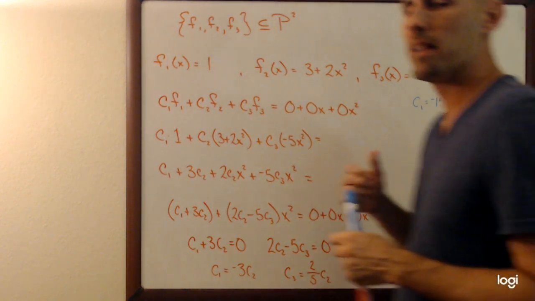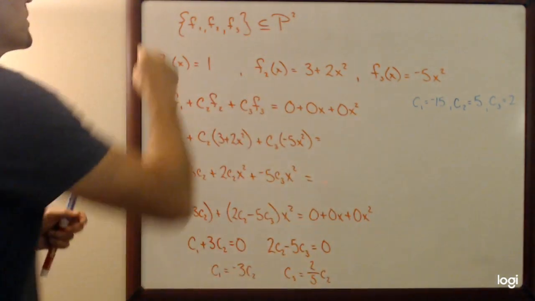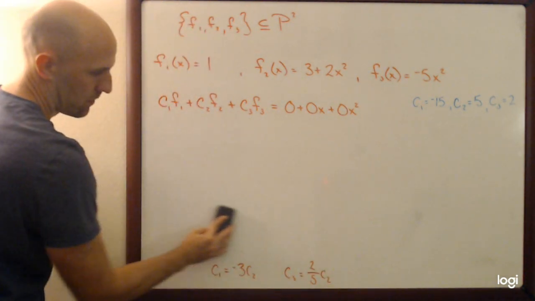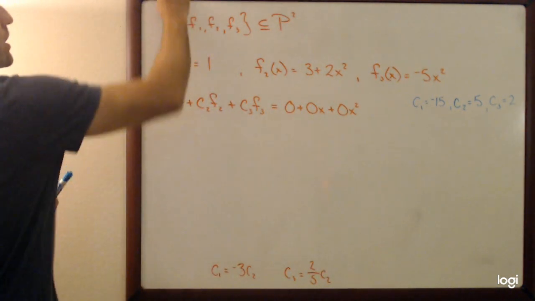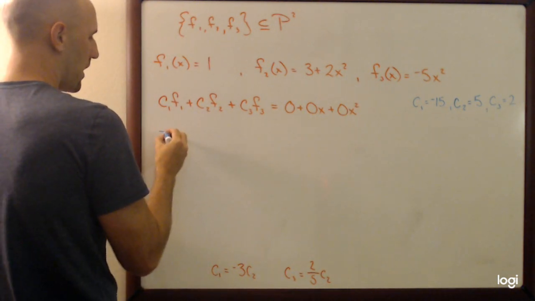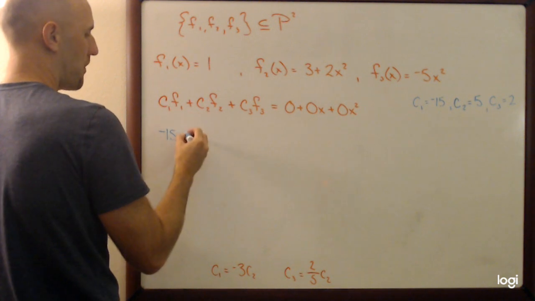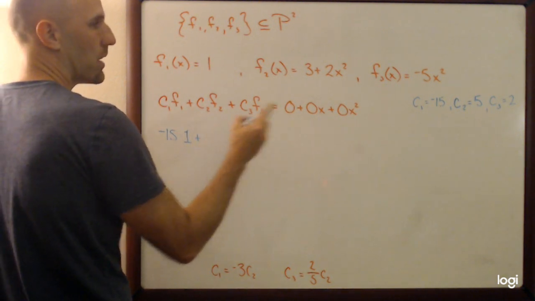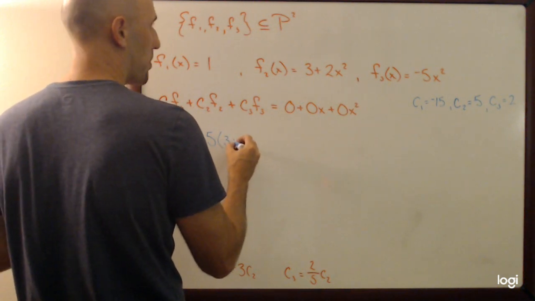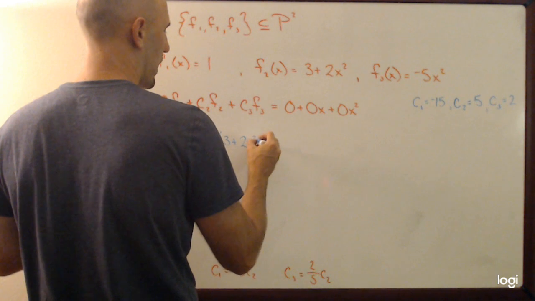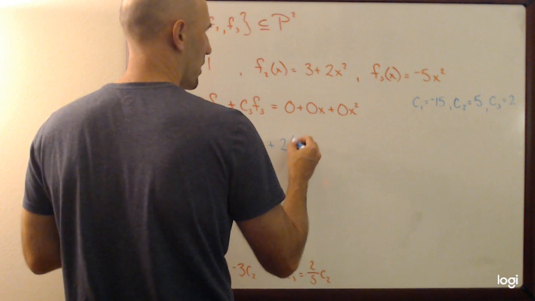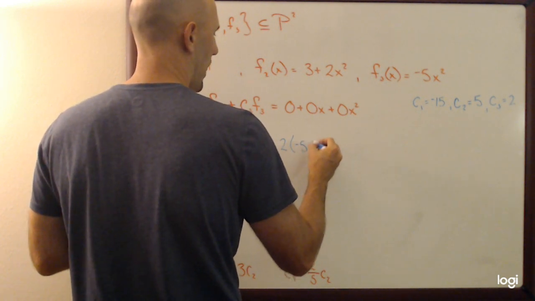Okay? Let's see if it works. I'll leave this down here for a little bit longer. Okay, let's see. C1, negative 15. So this is negative 15 times F1, that's 1, plus C2, that's 5, times F2, that's 3 plus 2x squared, plus C3, that's 2, times negative 5x squared.